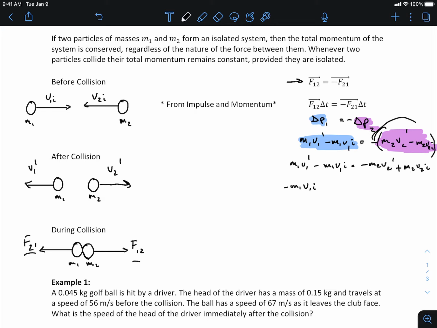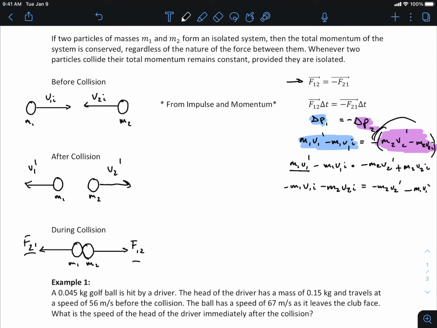And I'm going to bring this over and subtract it off as well: minus M2 V2 initial. That has to equal negative M2 V2 prime minus, I'm going to grab this term and bring it over, M1 V1 prime. Now we've got initials on one side, finals on the other, and I can factor out a negative from everything.